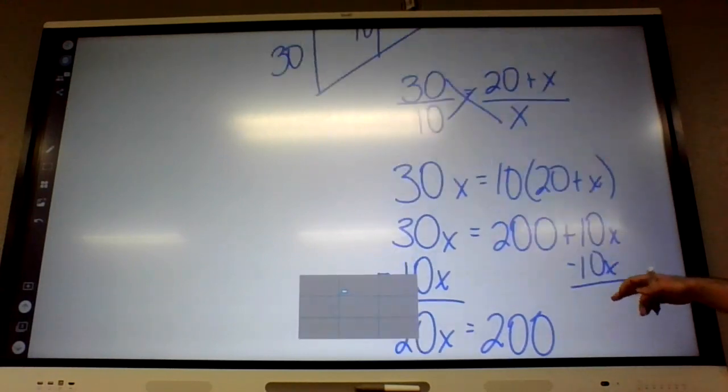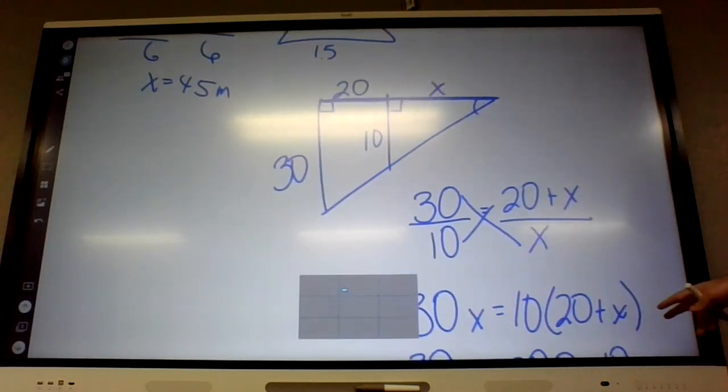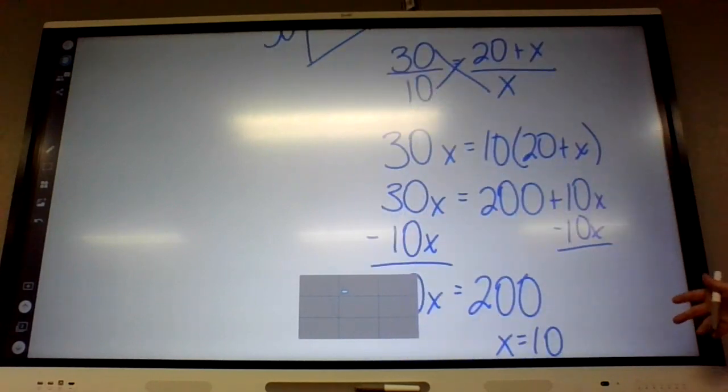Now it doesn't really look right in the picture, but the picture is not to scale, so you can't really trust the picture.